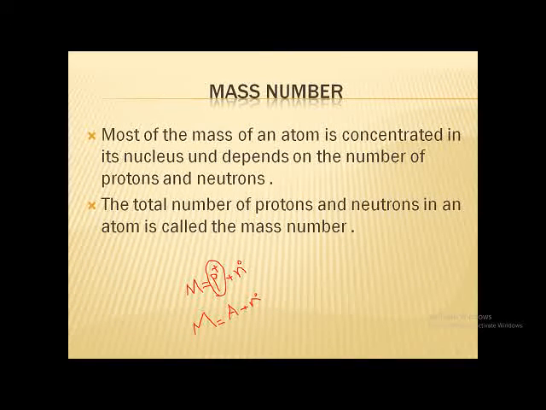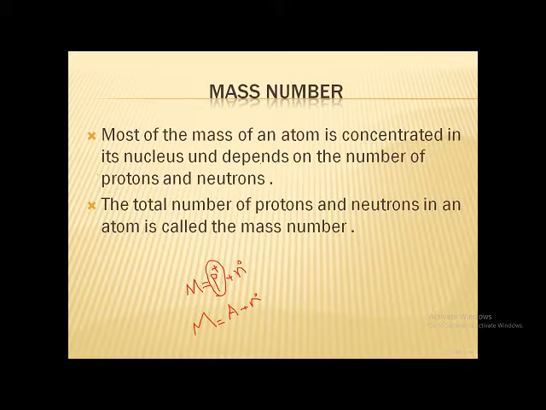Why? Because the atomic number represents the number of protons. So all of you know that the mass is concentrated inside the nucleus, where we can find the protons and neutrons. So the mass of atoms comes from neutrons and protons, and the electron is very, very small and has a very small mass. So we just count the mass of protons and neutrons, and we neglect the mass of electrons.